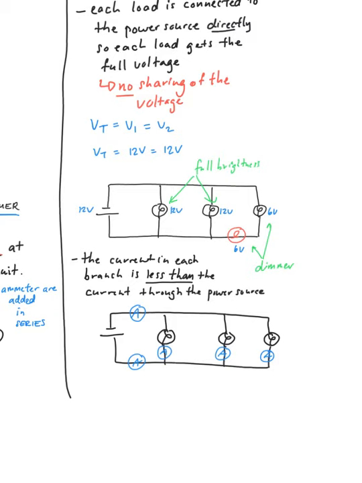But as I come here, I branch off. Let's say all the light bulbs are exactly the same. You can already see, I hope, that if I'm sharing it, let's say I get 1 amp here, then it continues, I would use up 1 amp here, and it continues, and I'd use up 1 amp here. And then when they come back together, I would get more and more current as I was flowing back. And that 1 amp again would be measured by these ammeters. I should have put them here.